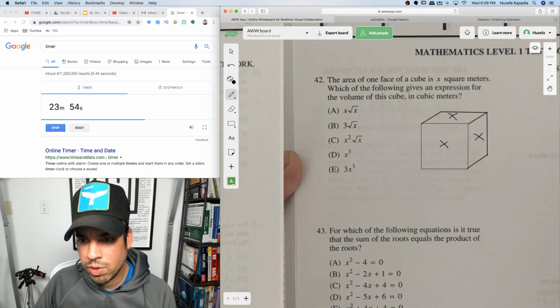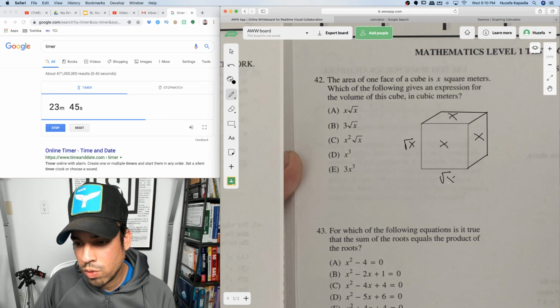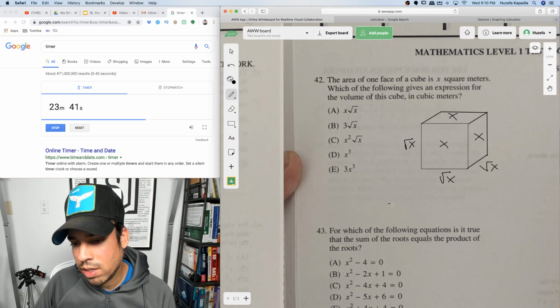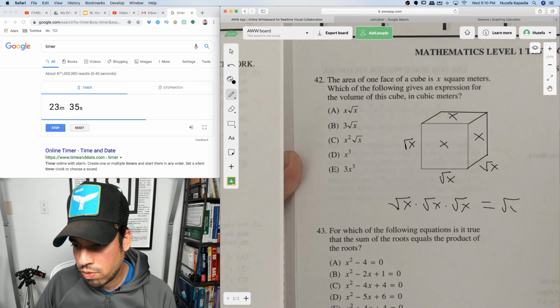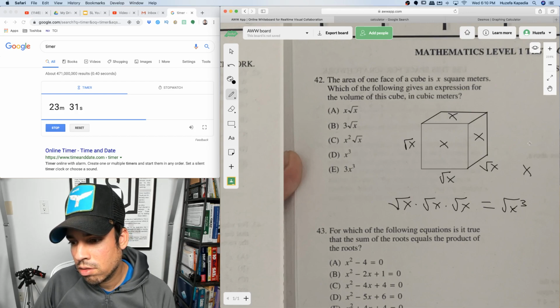I guess an expression for the volume of the cube. Okay, so if the area is x, then the sides are square root x, and all the sides are square root x. So what is the volume? It's square root of x times square root of x times square root of x, which is square root of x cubed, which is square root of x squared times x, which is x square root x.